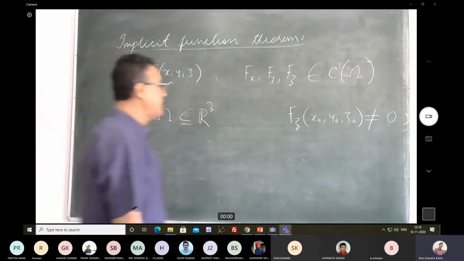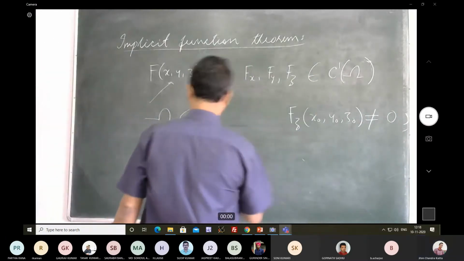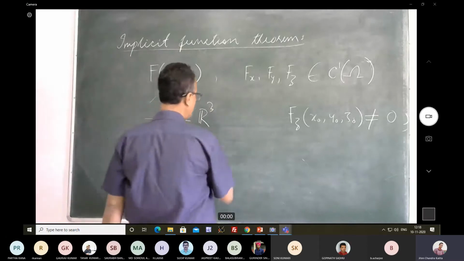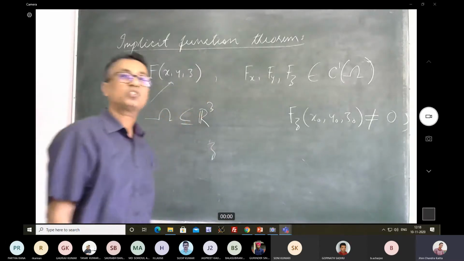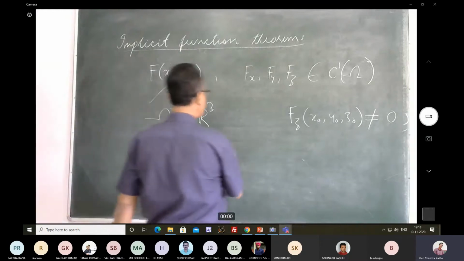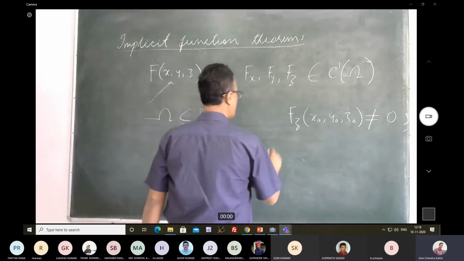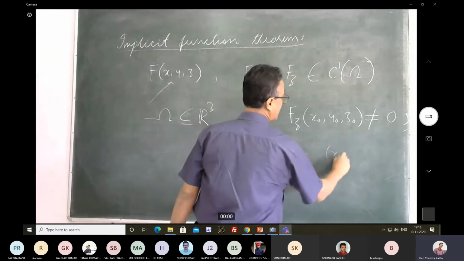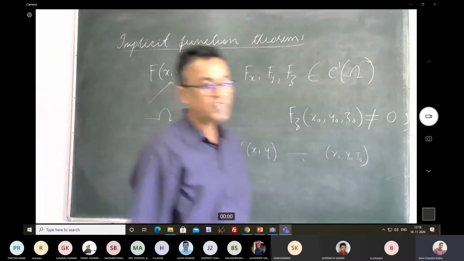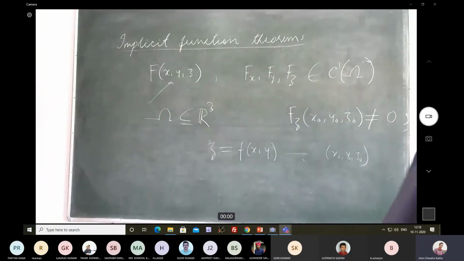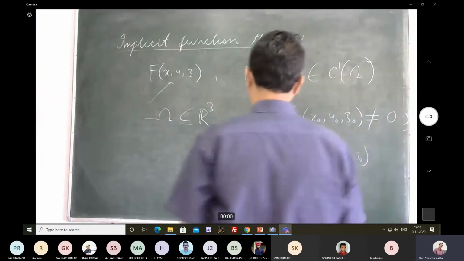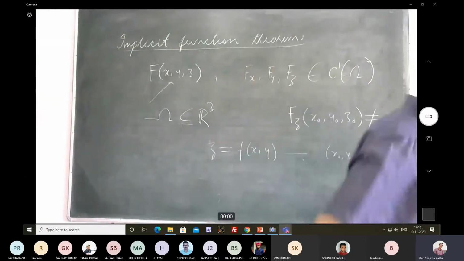Then z can be expressed as a function of x and y explicitly in the neighborhood of your x0, y0, z0. That is the implicit function theorem for a function of 3 variables. Is it okay? Fine.